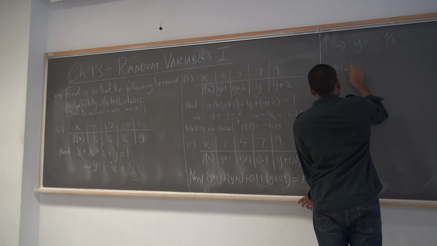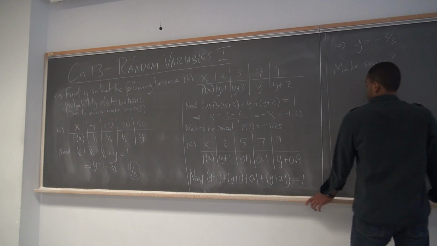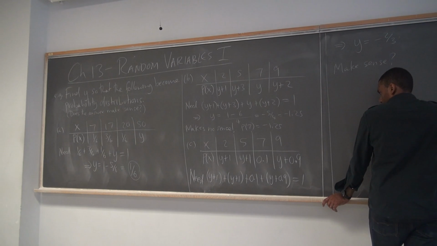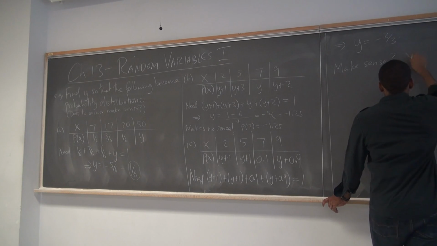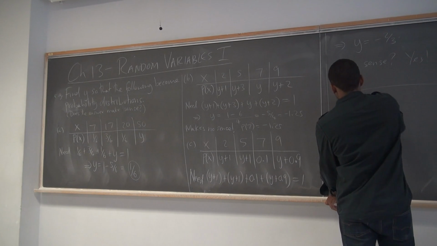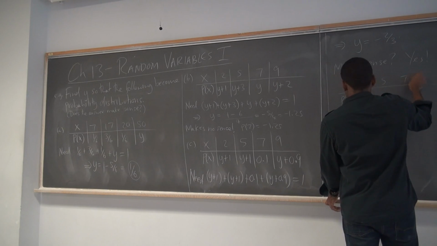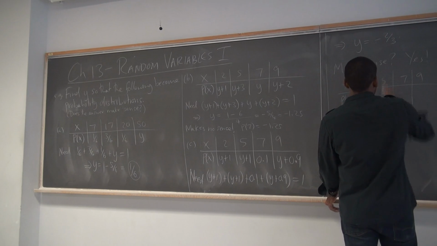Make sense? No. Oh, well, yeah, I guess that makes sense because when you add them, they're all positive. Yes, it makes sense because they'll all be positive once you actually plug that number in. So this is minus 2/3.